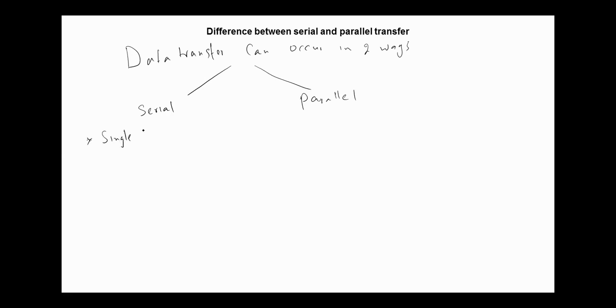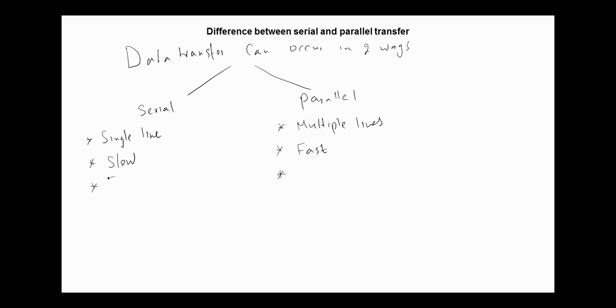Data transfer can occur in two ways, serial and parallel. A serial transfer requires a single line, one bit at a time, while in parallel, multiple lines are used. Therefore, serial data transfer is slow, while parallel is fast.